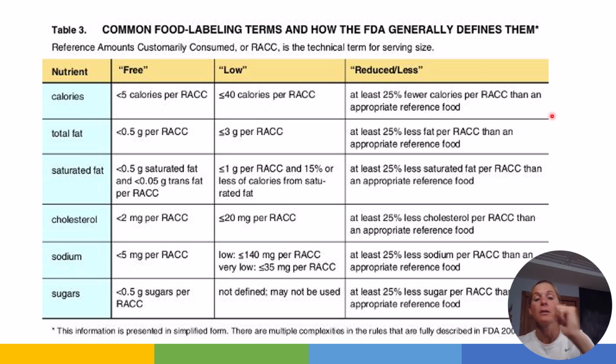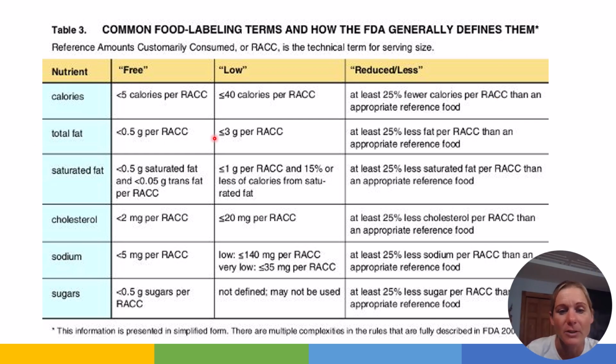So, for example, if it's reduced calorie Oreos, let's say the Oreos normally are 100 calories for 2 Oreos, 25% less calories. So now if it says reduced calories, it's probably 75 calories or whatever. Again, that doesn't mean it's good for you, which is a little confusing as well.